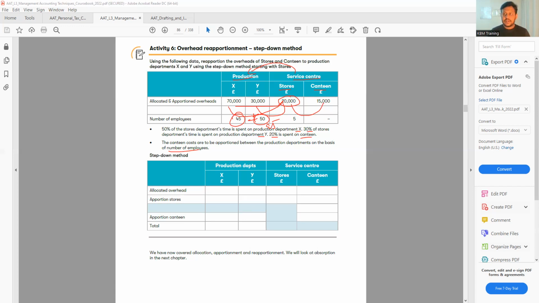So first we're going to allocate. So we have 70,000 and 30,000. We have a store 20,000 and canteen 15,000.